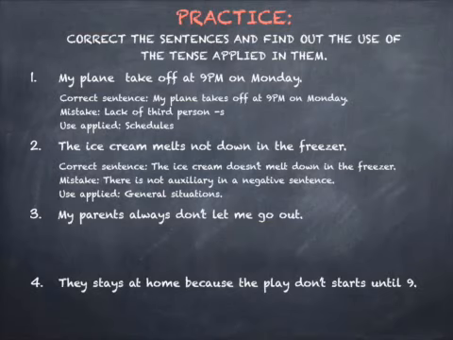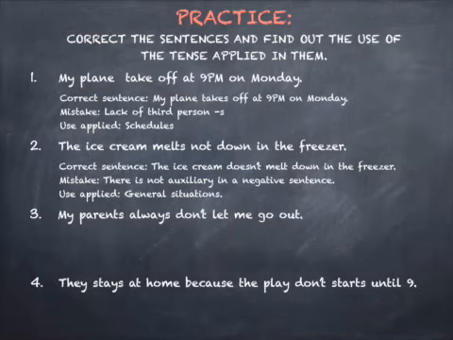In this case, the mistake is in the structure of the negative sentence, and it lacks the required auxiliary verb, in this case doesn't, because the subject, the ice cream, is third person singular. The use of present simple applied is that of general situations, situations that are permanent in time. If you keep the ice cream in the freezer, it will keep cold and won't melt down. It's always like that.